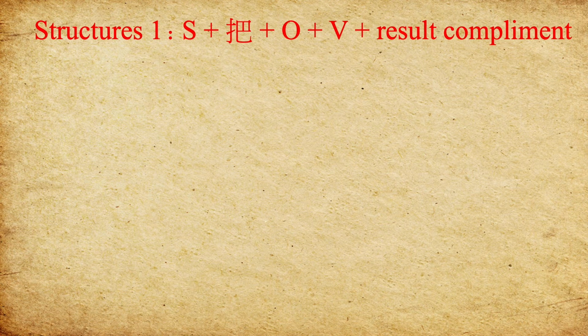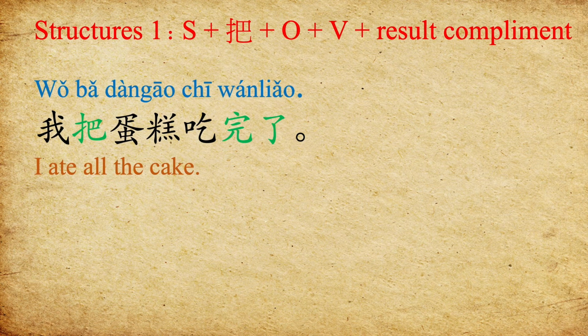And now I'll give you four structures that need to use 把 structure. The first one is subject plus 把 plus object plus verb plus result complement, as I presented earlier. Example: 我把蛋糕吃完了。蛋糕 is the object, and you use 把 to move the object to the front. 我把蛋糕怎么了？吃完了。完了 here is a result complement.